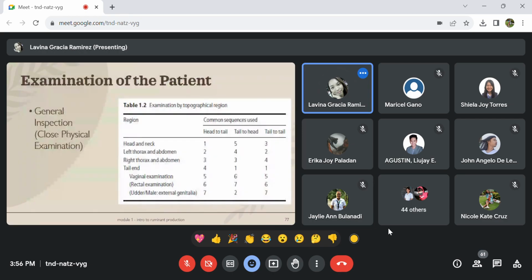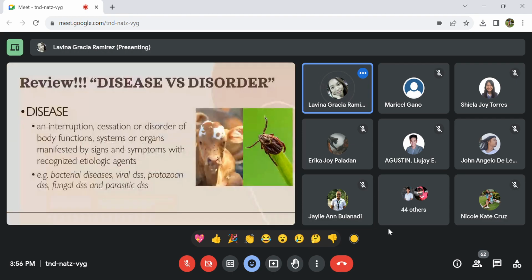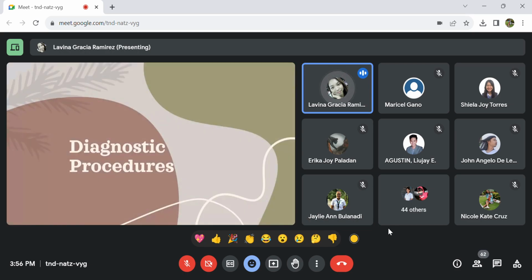I think those are the body condition score and the distant examinations, how you're going to conduct that. Later, I will include that in the references so that you can read it as a supplement to this presentation. So now we are in the diagnostic procedure.